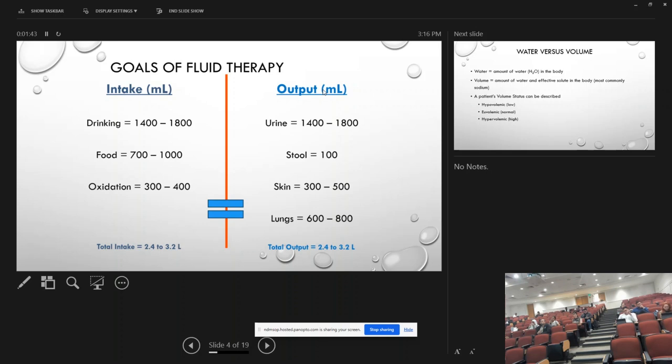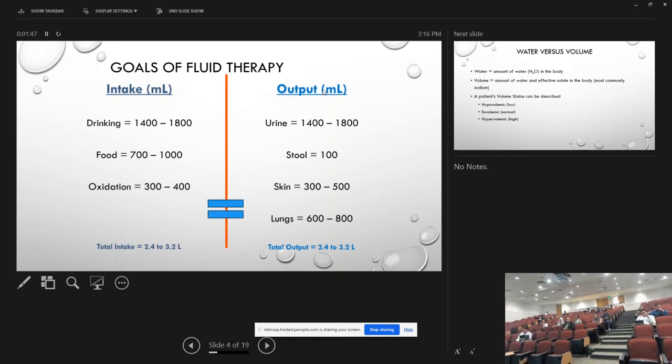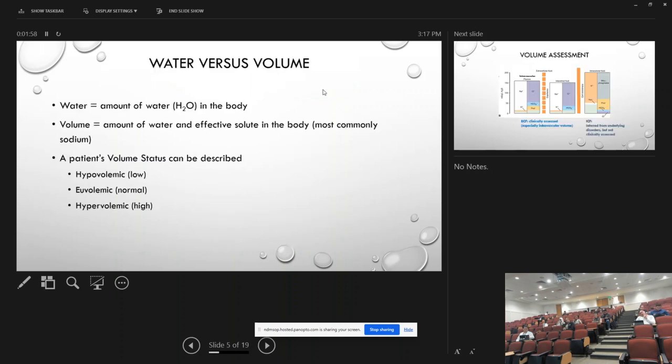So your body wants to maintain homeostasis with fluid as well as electrolytes, which we'll talk about soon. So these should remain equal. When they don't remain equal, then you have issues, right? Either hypovolemia or hypervolemia. So just some definitions.